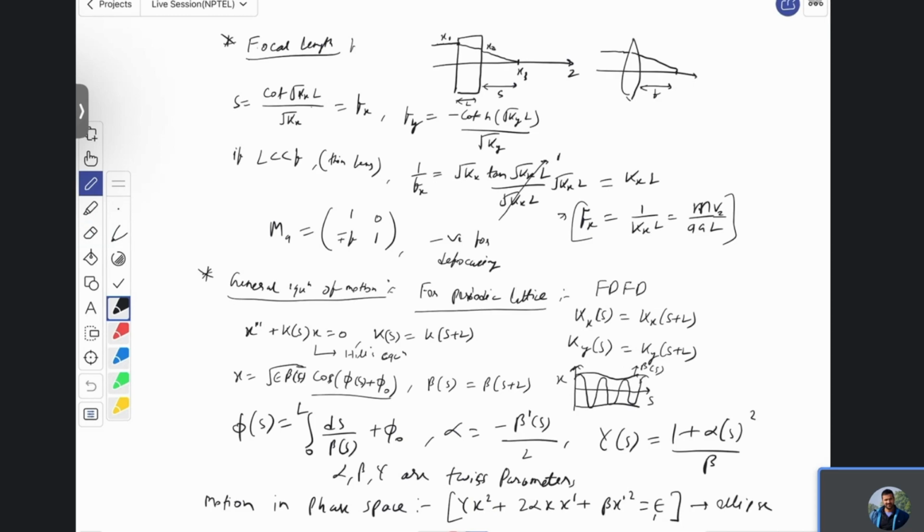Here epsilon is a constant called the emittance. The shape of the ellipse is determined by alpha, beta, and gamma, and the area of the ellipse is defined by this epsilon, called the emittance.